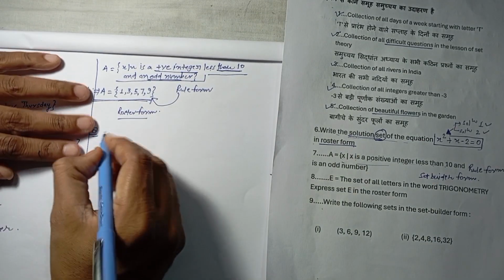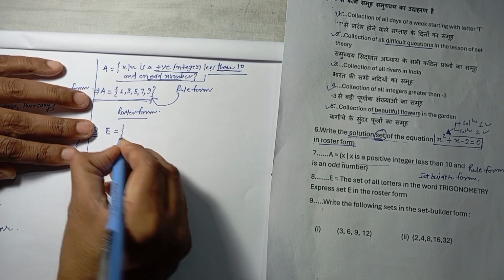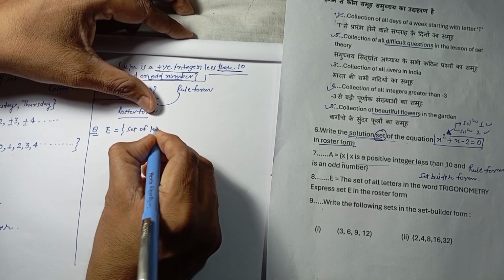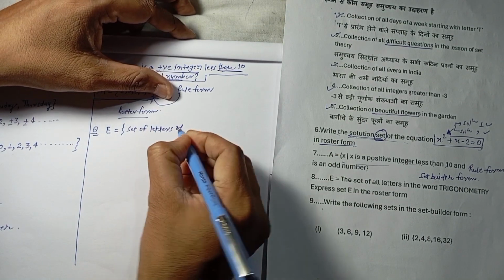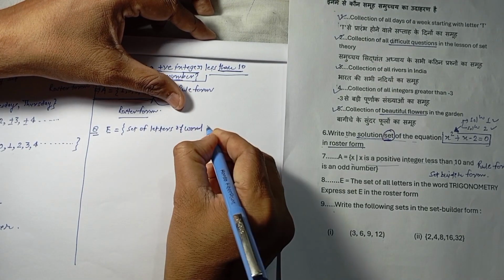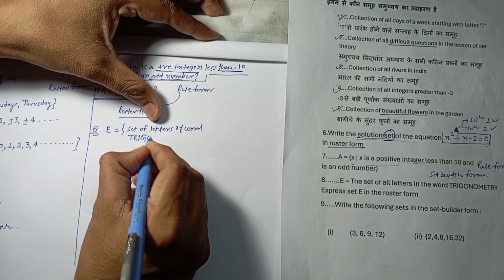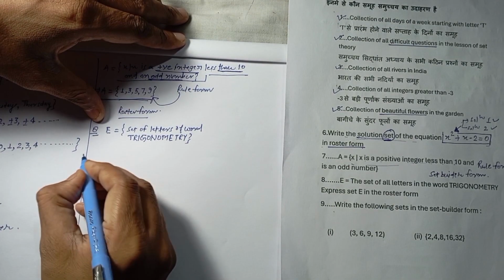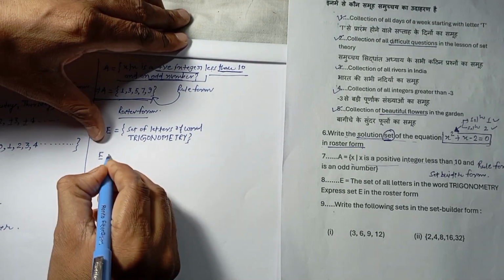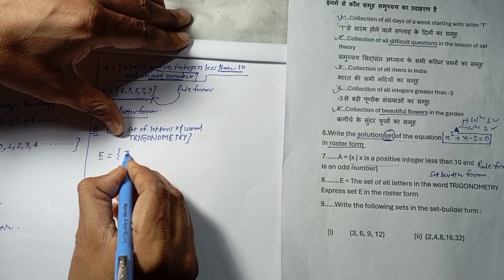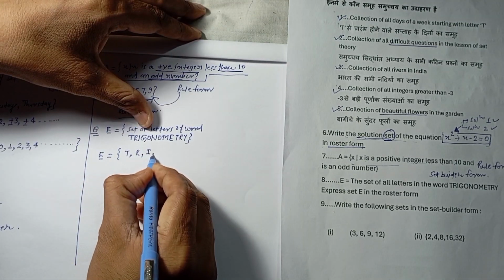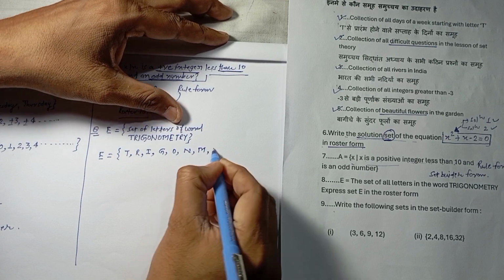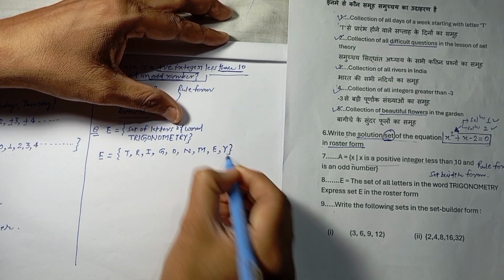Okay, so now set E is the set of letters of the word trigonometry. Clear? So E is equal to, letters here are T, R, I, G, O, N, M, E and Y.